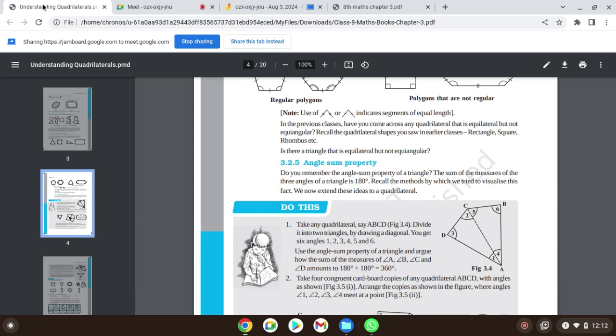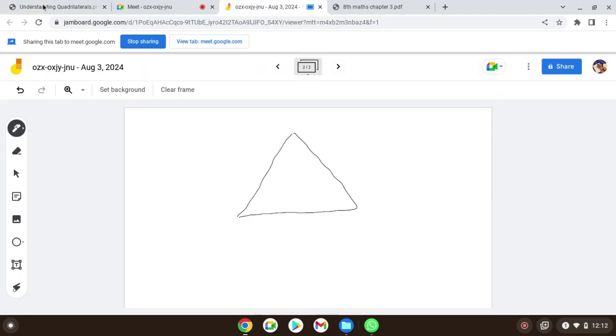The sum of the measures of the three angles of a triangle is 180. Whether it is an isosceles triangle or a scalene triangle, any triangle, the sum of all three angles should be 180. For example, this is a triangle.